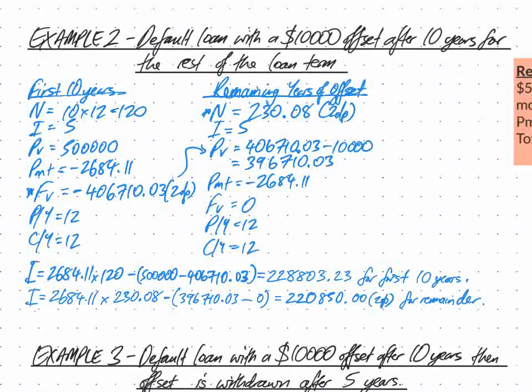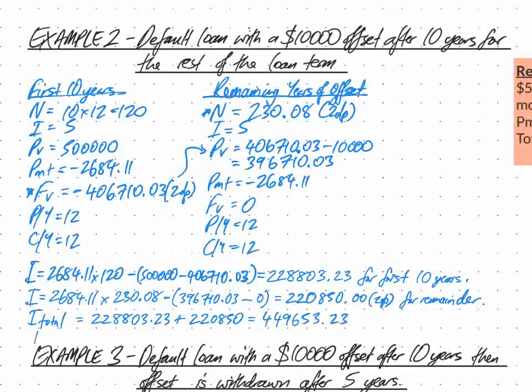So the interest total is equal to the first chunk, the first 10 years, plus the remaining years, $449,653.23.